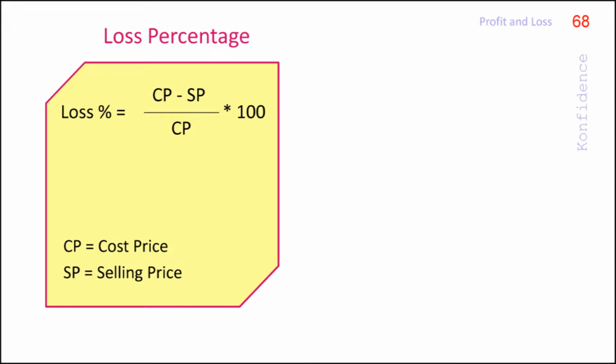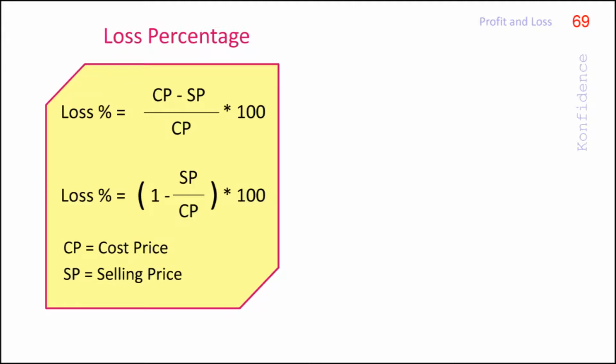So loss percent equals (CP minus SP) divided by CP into 100, or (1 minus SP divided by CP) into 100.